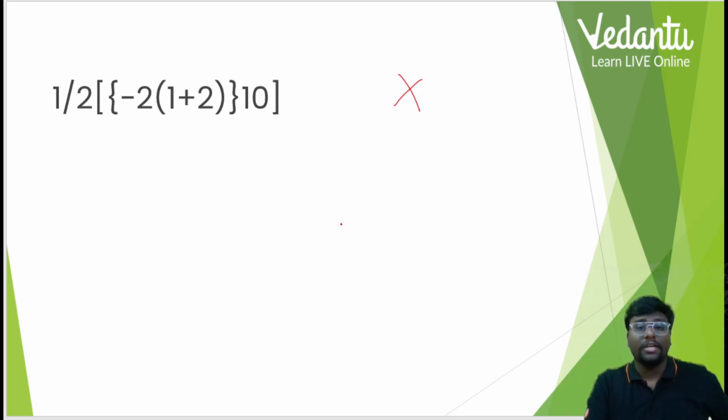If you want to divide, you put one symbol or the other. But if you want to multiply numbers, you at times do not need the multiplication symbol. Like over here, this minus 2 is being multiplied with 1 plus 2.